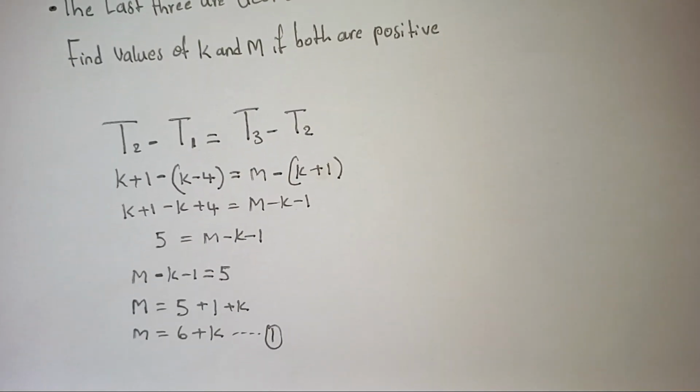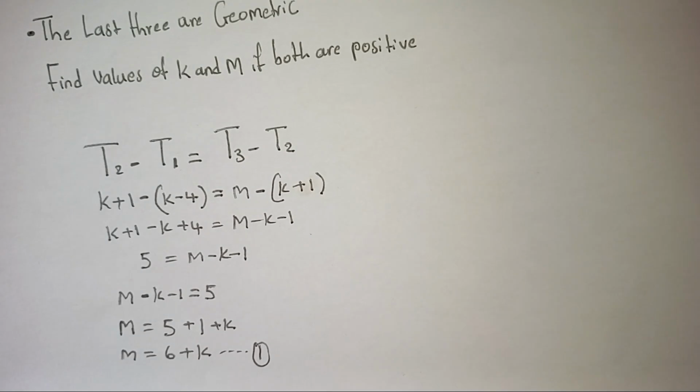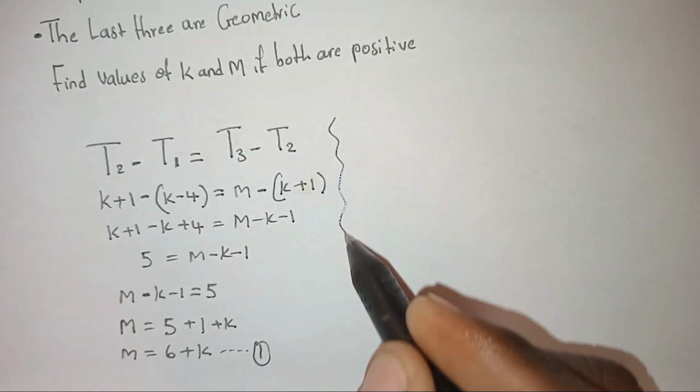In the arithmetic sequence we dealt with a constant value, the common difference. In the geometric sequence we also deal with a constant value, but it is called the common ratio. We get it by dividing term 2 by term 1, term 3 by term 2, and so on.